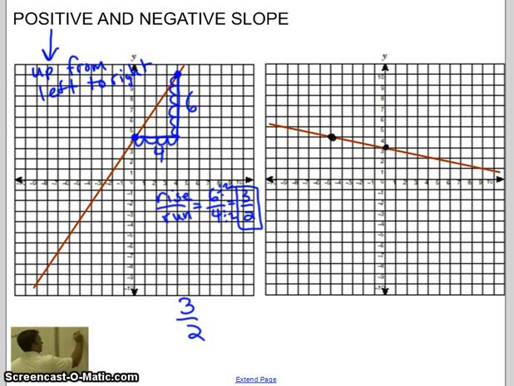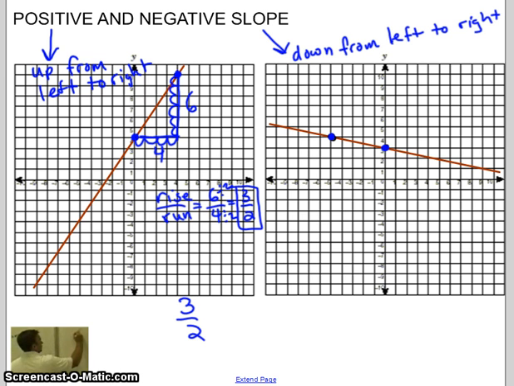Negative slope goes down from left to right. So this line right here has negative slope. And again, if we wanted to find the slope of the line, we would identify 2 points.